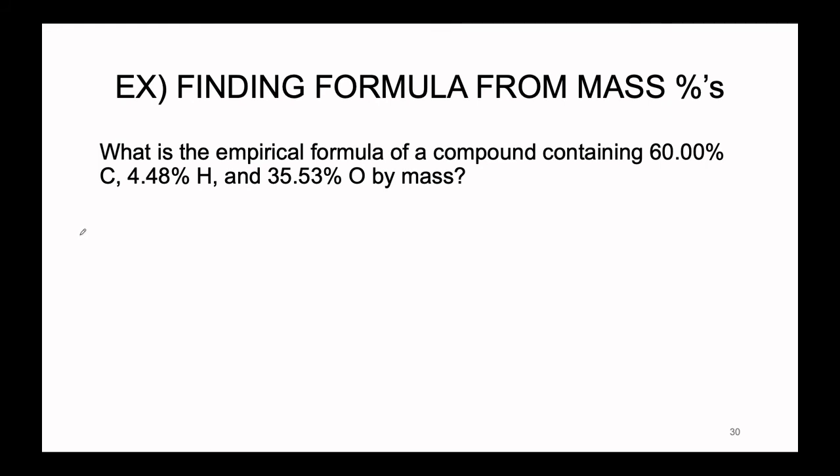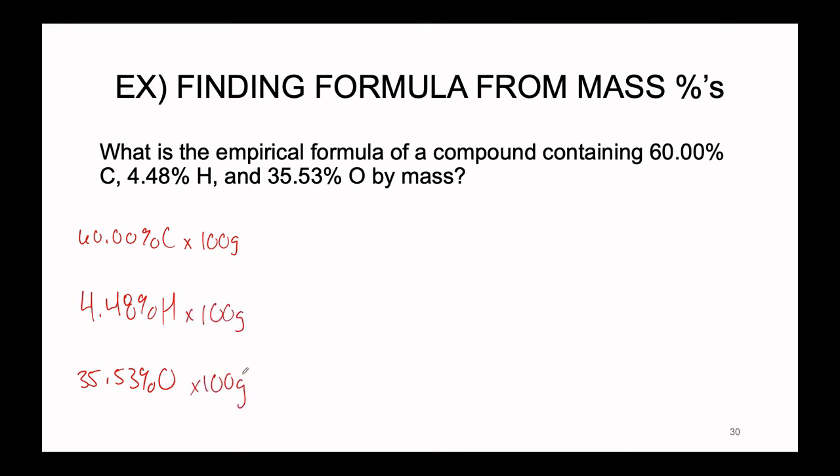All right, so we're starting with 60.00% carbon, 4.48% hydrogen, and 35.53% oxygen, all by mass. So just like before, our first step is that we are going to assume 100 grams of our starting material.